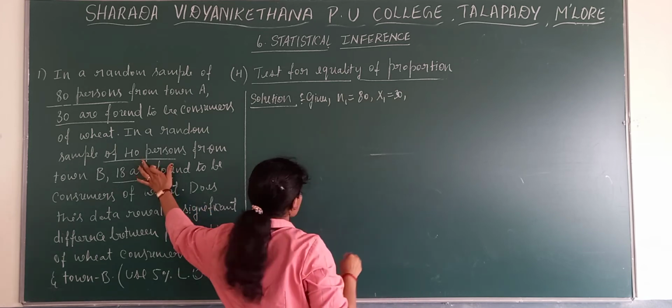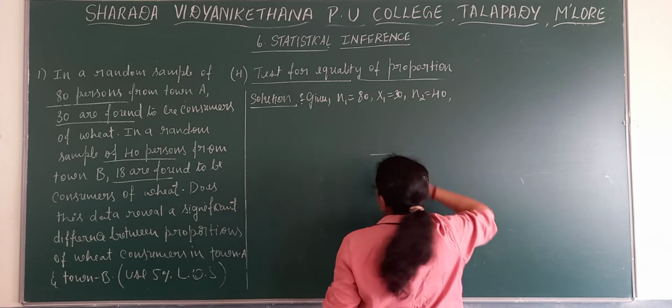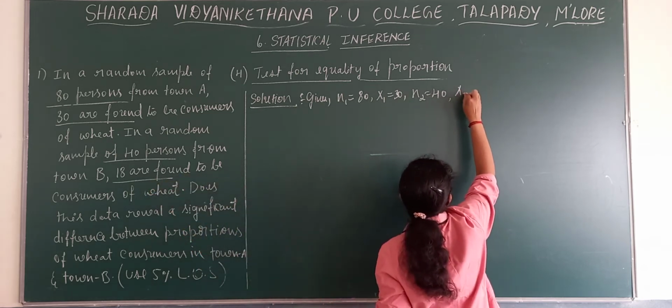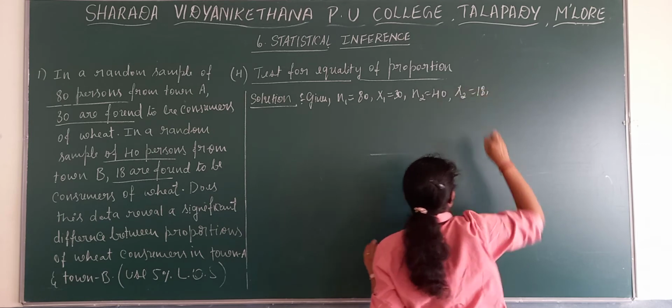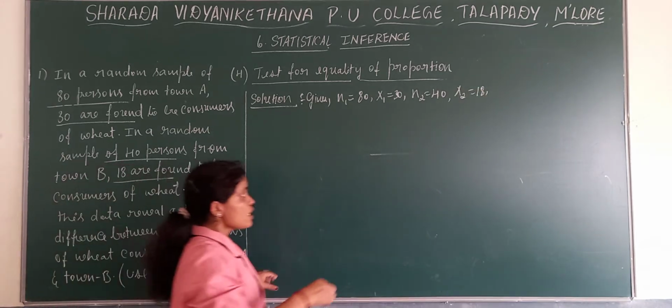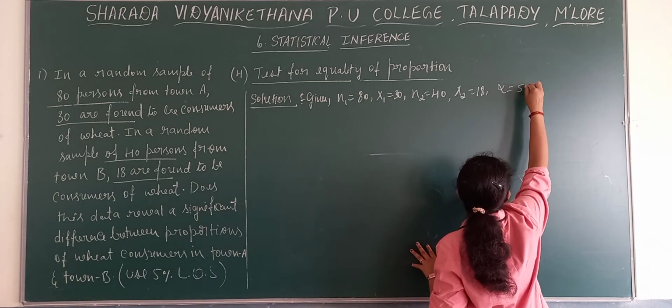Then second sample, n2 is equal to 40, and from that 40, 18 are consumers of wheat. Then level of significance they have given as 5%.